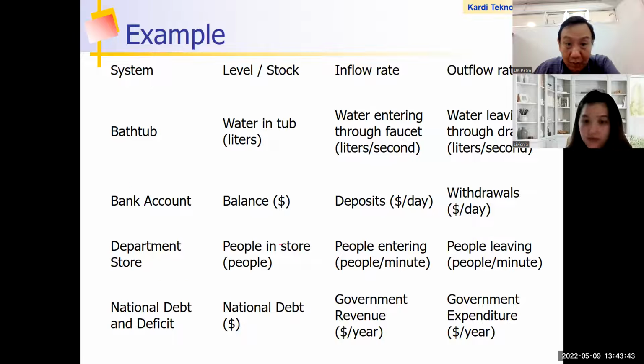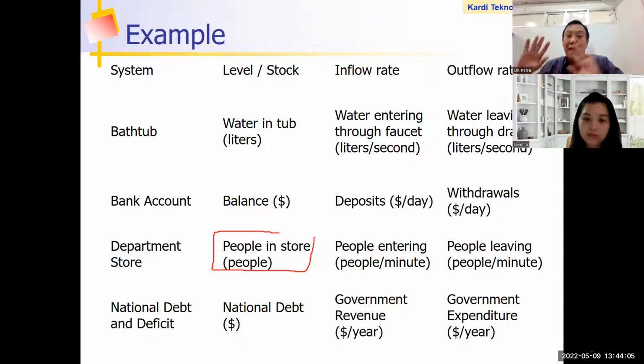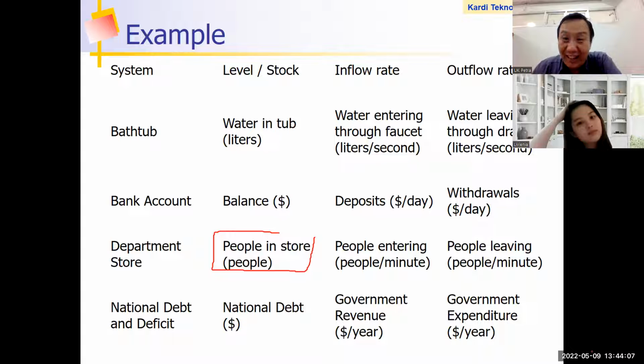In a department store, for example, the level is actually people in store, and then people entering, people leaving. Say national debt and deficit. So the level is national debt, the inflow is the government revenue, and then the outflow rate is government expenditure. So you can model almost anything.